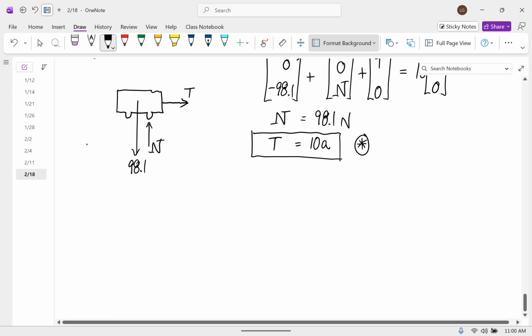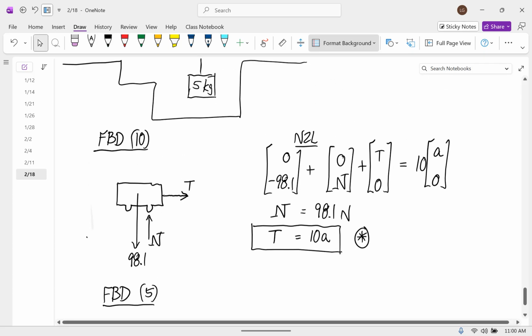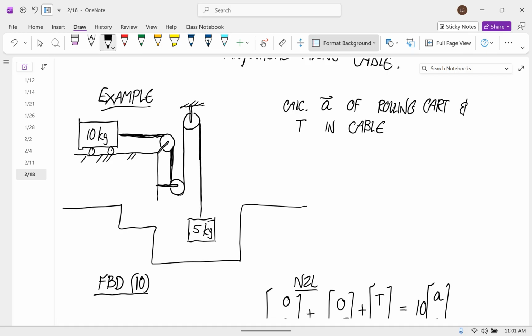And then I'll go to the 5 kilogram. So there's the body. The weight force is 5 times 9.81, so 49.05 newtons down. And the cable force, okay, the direction we know is parallel to the cable, away from the body.